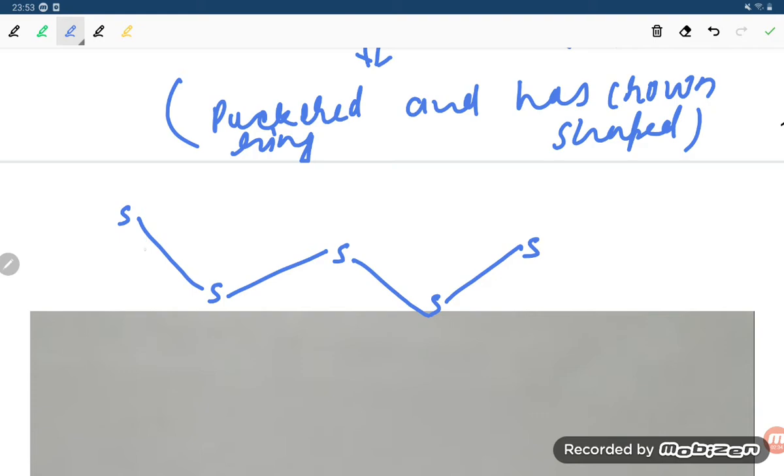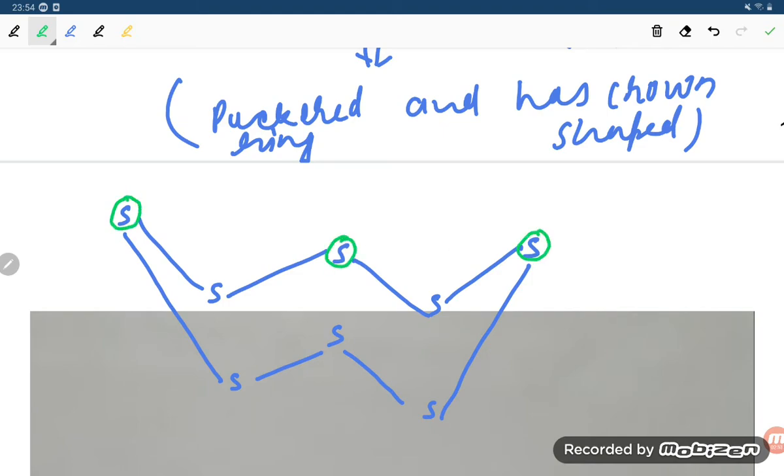Now the next case will also be there, students. Here will be sulfur, here also sulfur, and here sulfur. Now we can summarize this in spherical form. This is sulfur, this is sulfur, this is sulfur, this is sulfur, and this is sulfur.